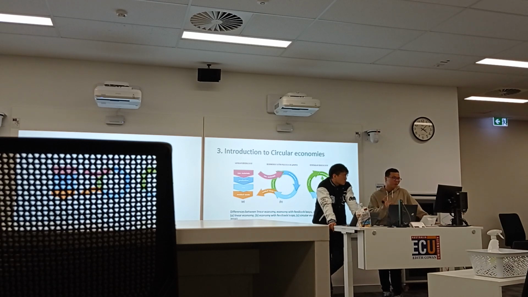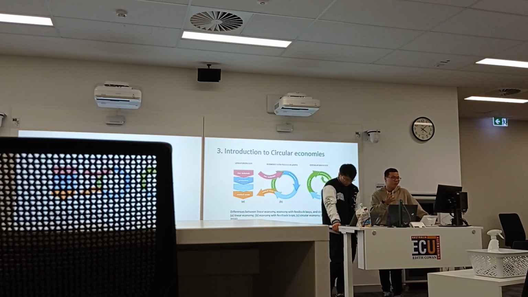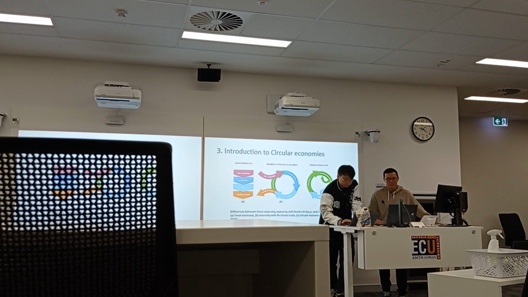But in my opinion, most of us today are in economy feedback loops, which means we are still inputting raw material into our economy and just recycling a little bit of that at the end of the life cycle. So ideally we are going to a circular economy, but right now we are moving toward that place. So yes, we can, but it will take time and a lot of work.